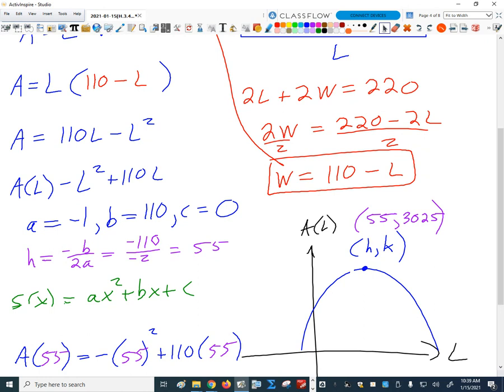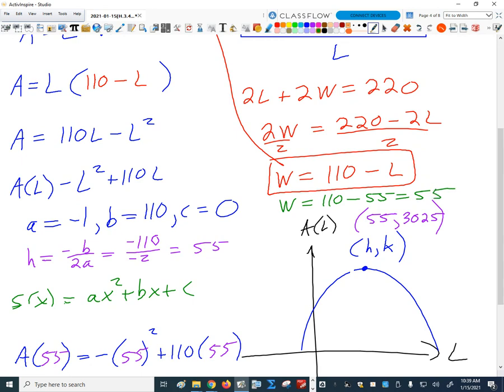Well, you're back into the equation we started with. Yeah, this one right here, right? The equation that we use to relate the L and the W. And look, this is just like substitution in a linear system, isn't it? When we calculated W for purposes of substitution, put a box around it, because we're coming back to that when we want to find the value of W. So W is going to end up being 110 minus 55.